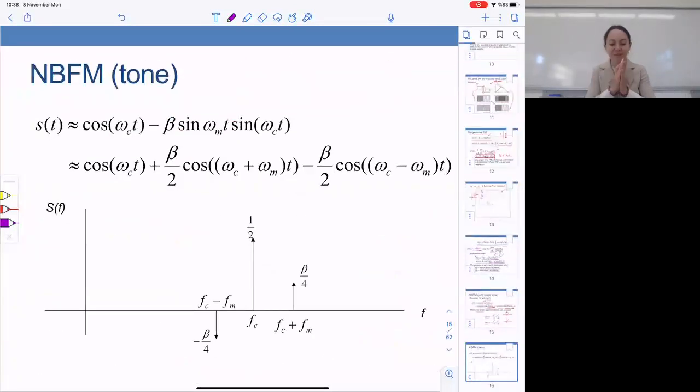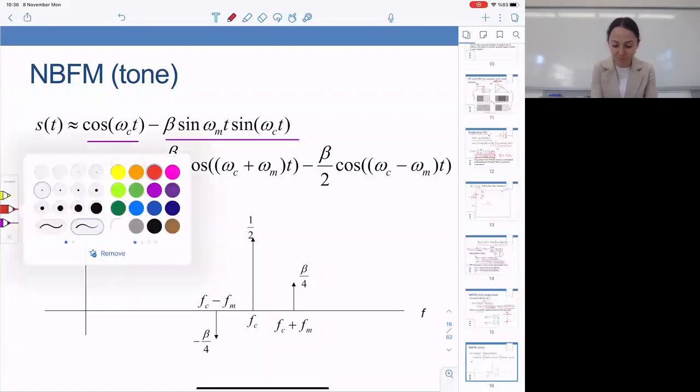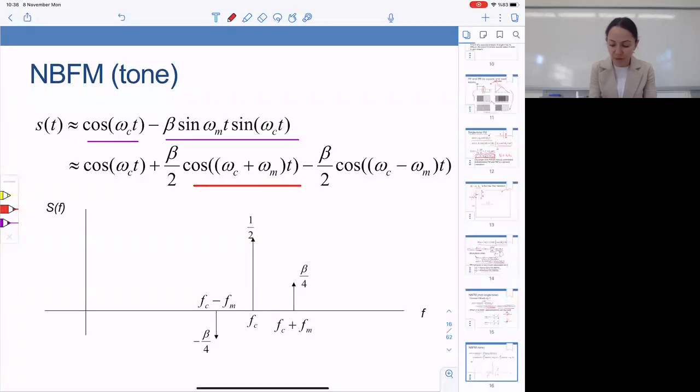So guess what we get? Cosine w_c t minus beta sine w_m t sine w_c t. Now we'll further use one more trigonometric identity to convert the second term to cosine(w_m plus w_c) minus cosine(w_c minus w_m).